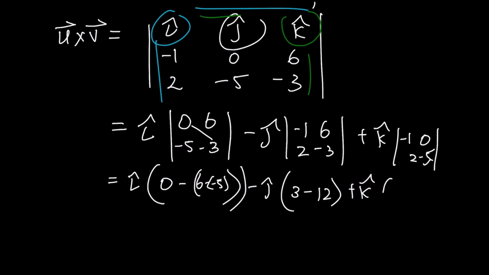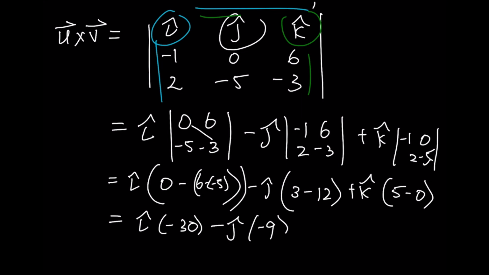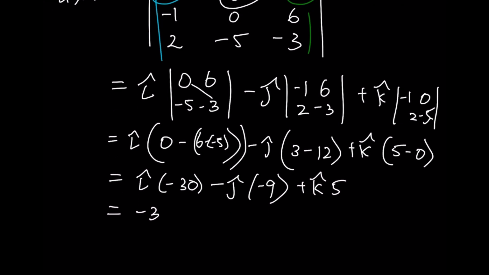Negative 1 times negative 5 is positive 5, subtract 2 times 0 is 0. So this is going to give me an i times a negative 30, a negative j times a negative 9, and a k times a 5.